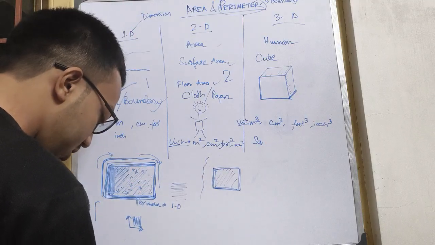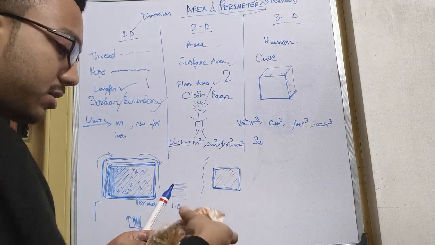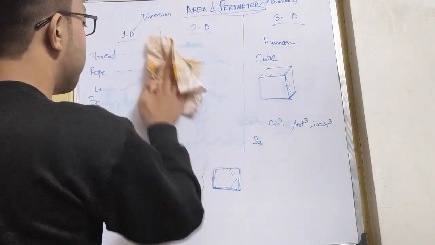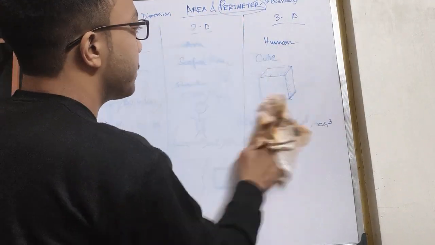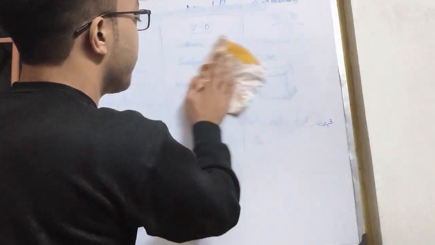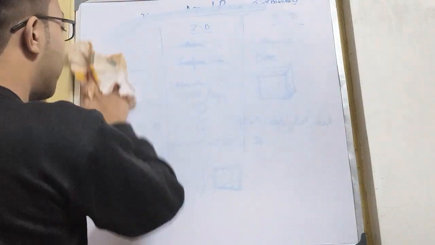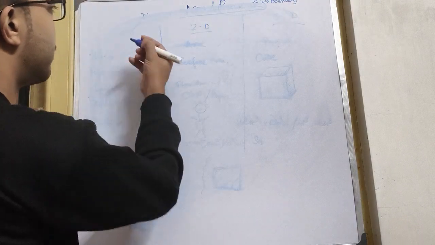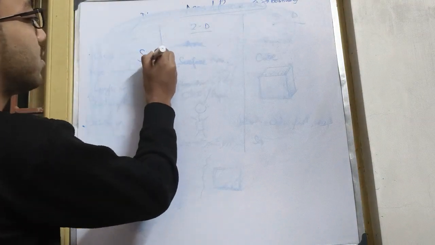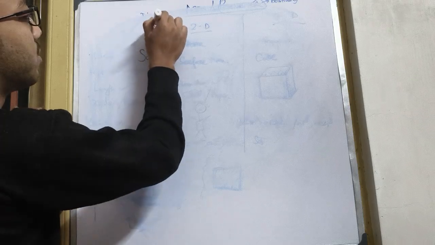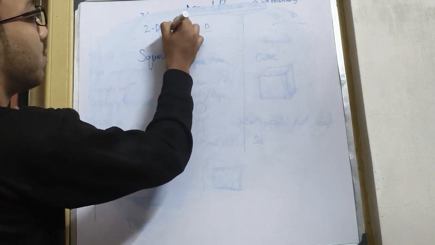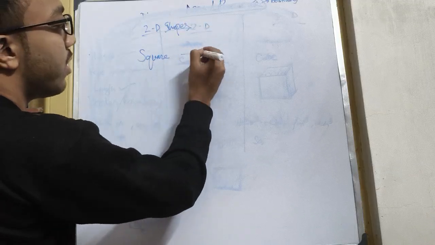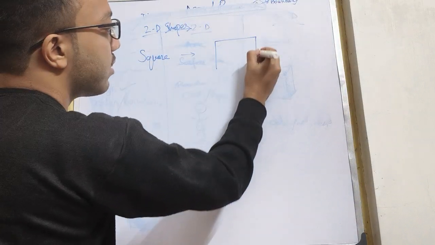Let's draw some shapes, then we can learn. Just some examples we'll take in this introductory class. Like these basic 2D shapes. Square, how does it look? It looks like this.